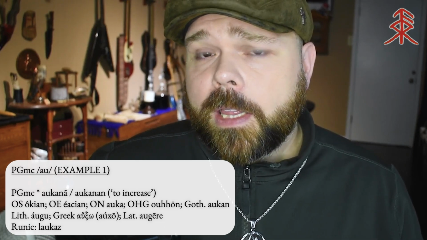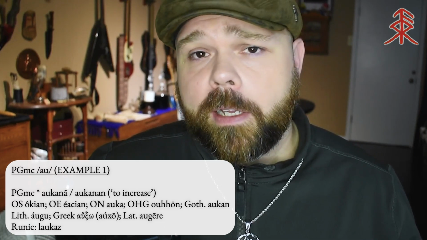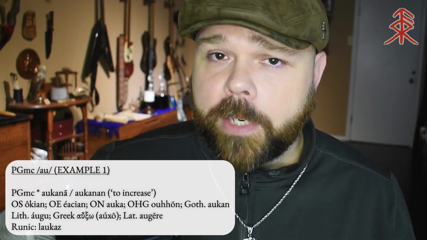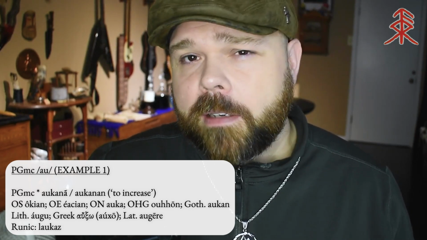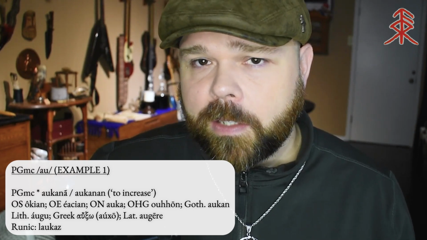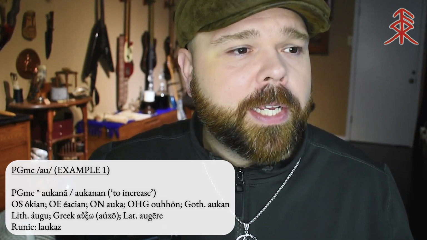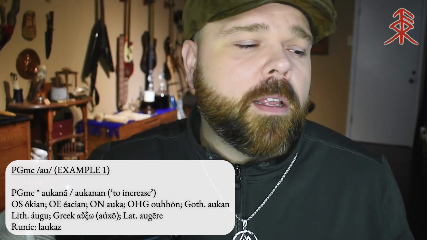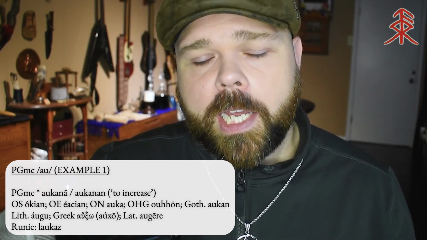If we look at Lithuanian, Greek, and Latin, we'll see that the AU is preserved in all of those languages too. With that taken into consideration, and then seeing the AU in Gothic and the AU in Old Norse, it's like, okay, this must have been a Proto-Germanic AU.